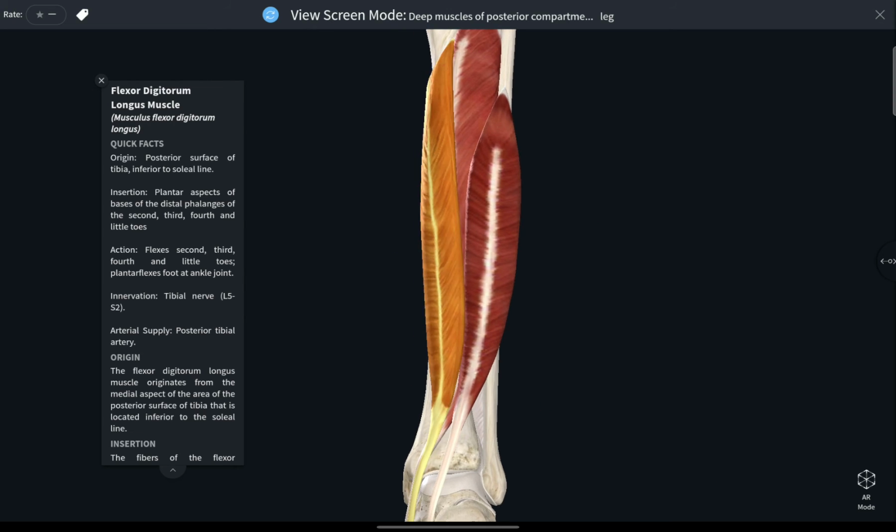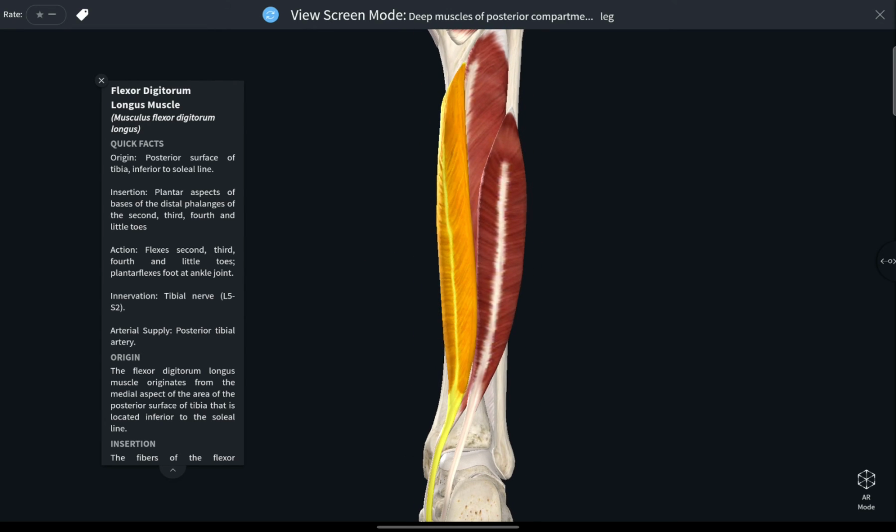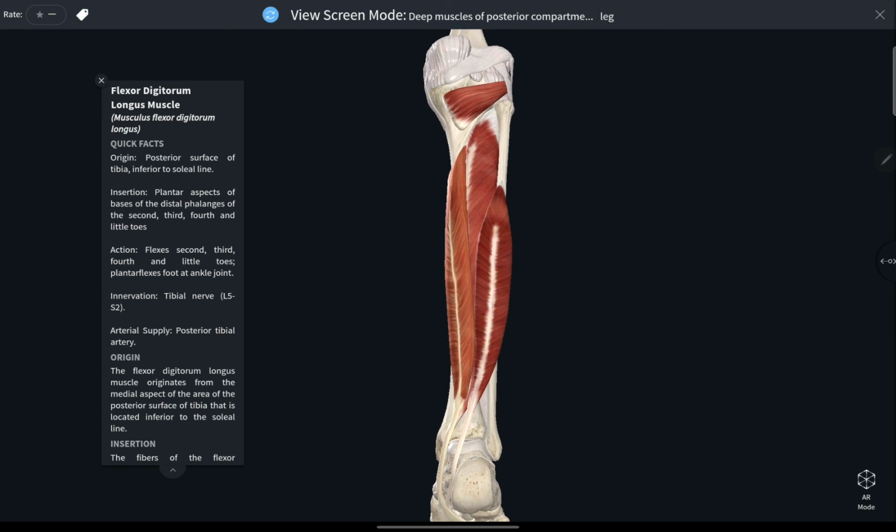Now is the flexor digitorum longus muscle, and this muscle originates from the posterior surface of the tibia inferior to soleal line.